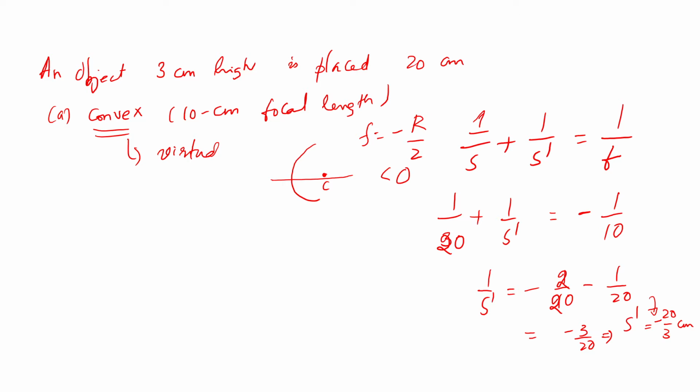That means this image should be virtual. Whenever the image distance is negative, that means the image is virtual. Look here, we have considered a positive distance because the object is real, and we got a negative answer here. So the image is a virtual image, which we know it should be because it's a convex mirror.